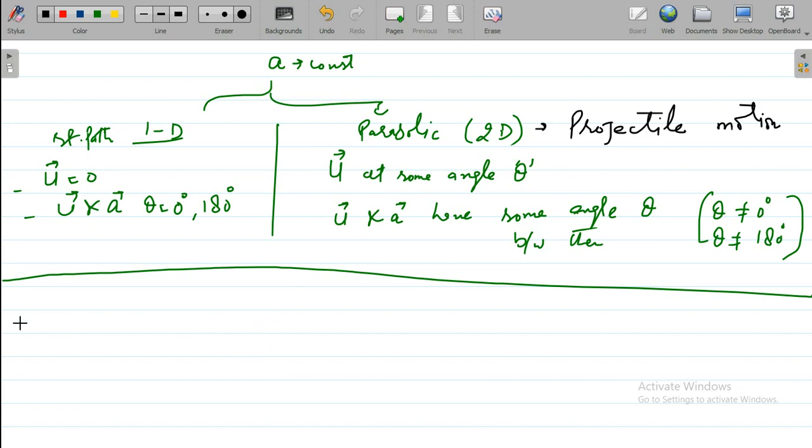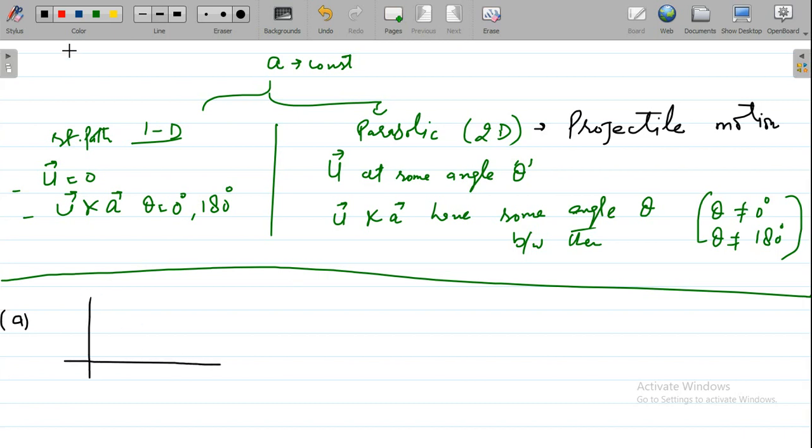उसमें से पहला आता है जब हम एक ऑब्जेक्ट को ग्राउंड से प्रोजेक्ट करें with some initial velocity u, making an angle theta with the ground.